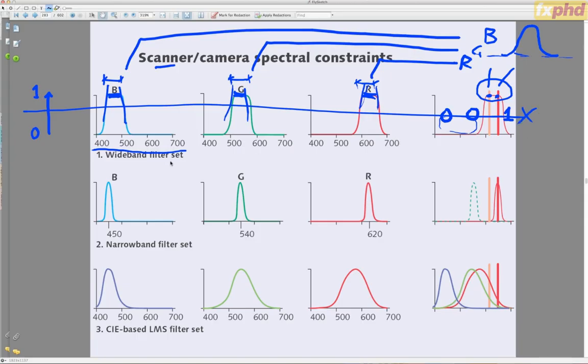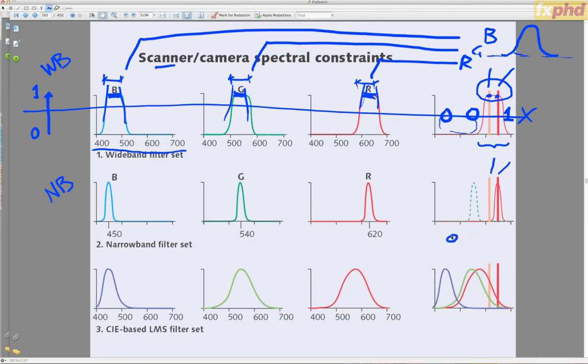So let's send the request back to our filter designer and say, you really need to be more selective in your wavelengths so that I can parcel those out into different amounts of energy. So the filter designer comes back with a set of filters that are narrowband. If you like, you could call the previous ones wideband. And the narrowband filters now do distinguish the orange from the red.